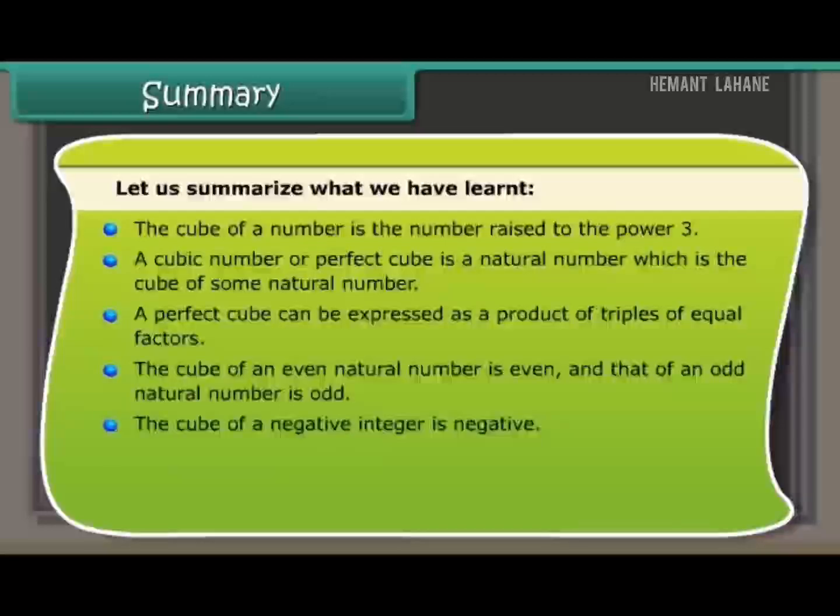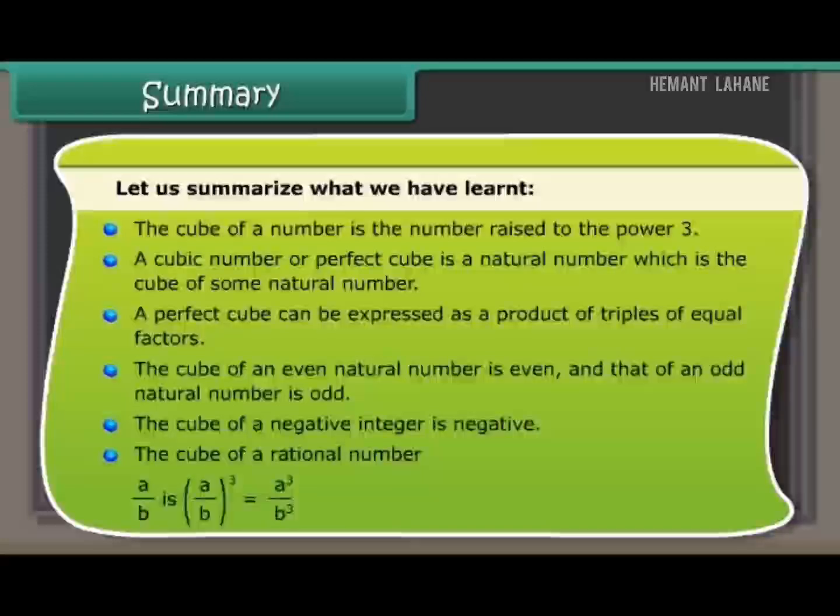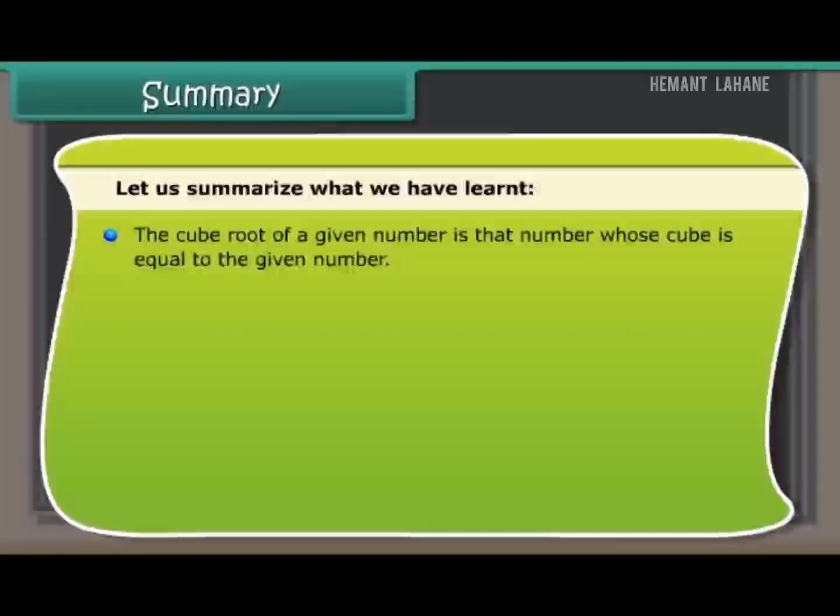The cube of a negative integer is negative. The cube of a rational number a upon b is a upon b whole cube, which is equal to a cube upon b cube. The cube root of a given number is that number whose cube is equal to the given number.